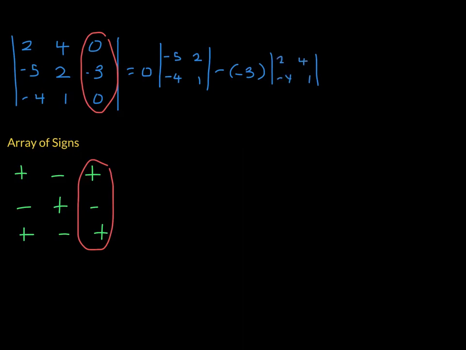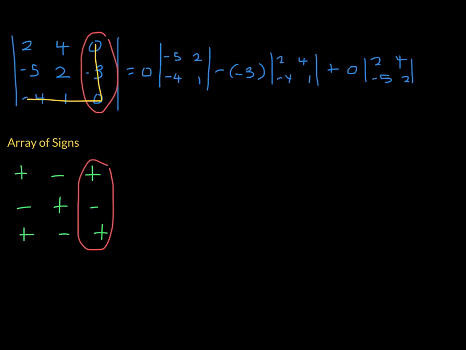And then we have, according to the array of signs, we're adding the next number. It'll be 0 again, times the 2 by 2 matrix found by eliminating the row and the column containing 0. So it'll be 2, 4, -5, 2.